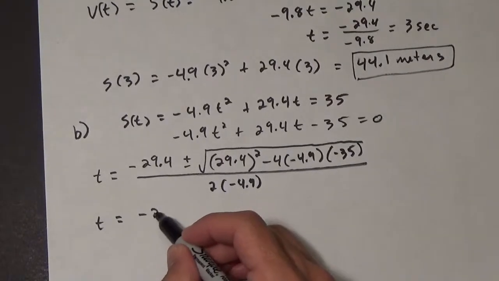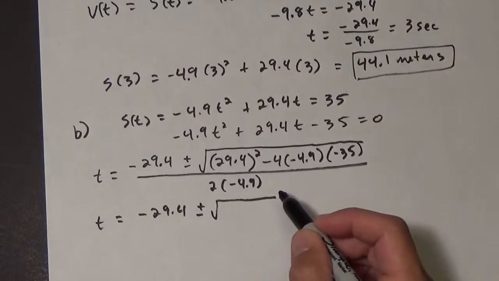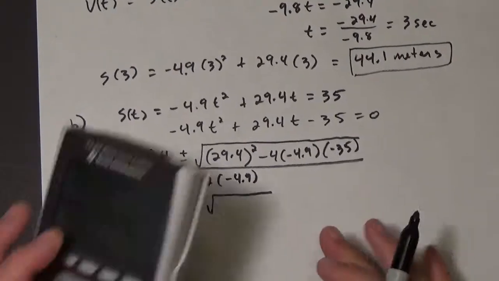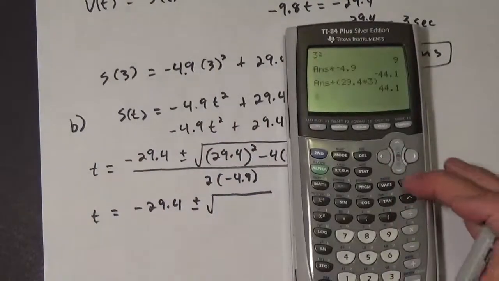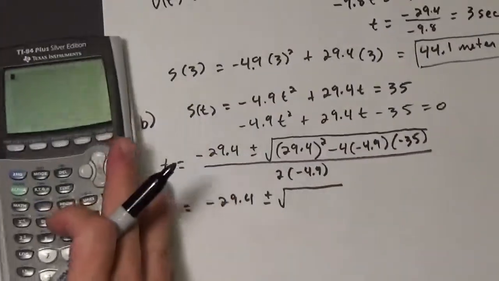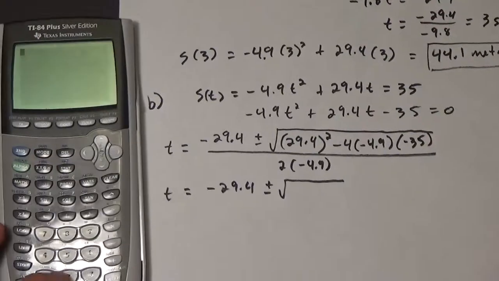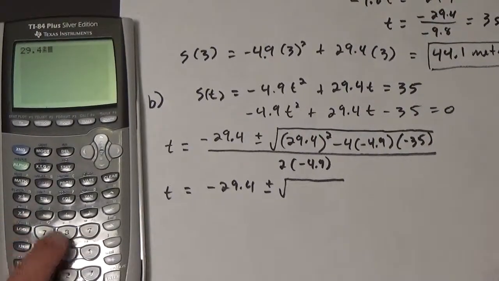So we get negative 29.4 plus or minus the square root of, okay, so we need our calculator again. For this one, I'm going to do 29.4, and I'm going to square that.